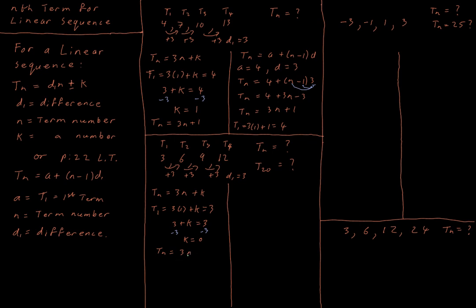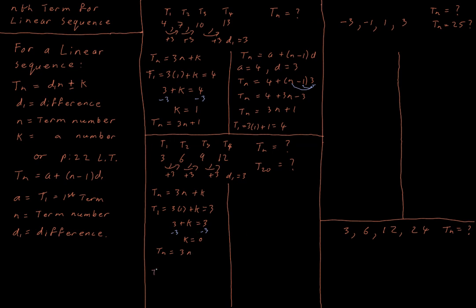So I take my term number, I multiply it by 3, and that is going to give me my number in my list. For T1, I put in n is 1 and I get 3. For T2, I put in n is 2 and I get 6. And this all checks out. I'm just multiplying the term number by 3 each time.